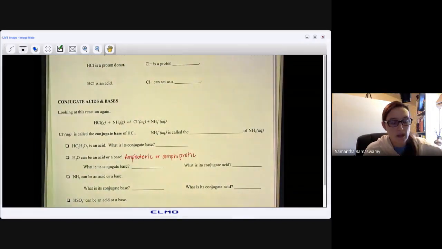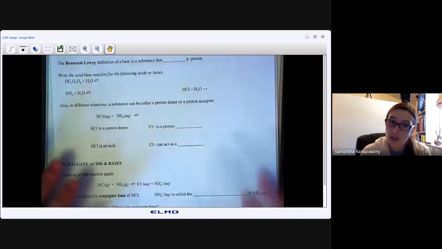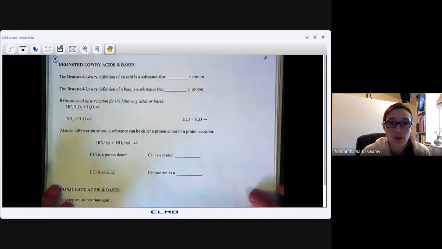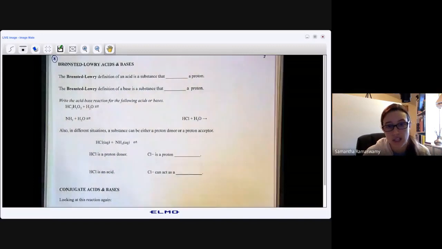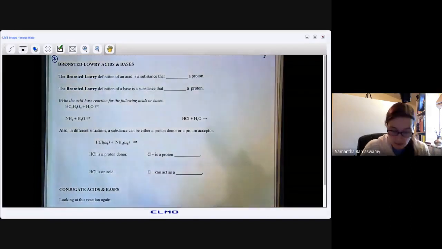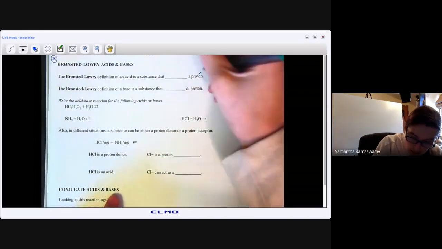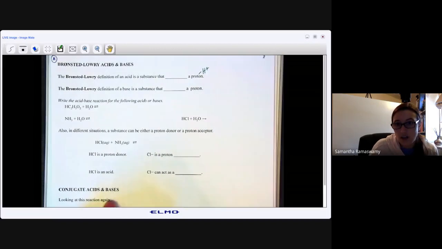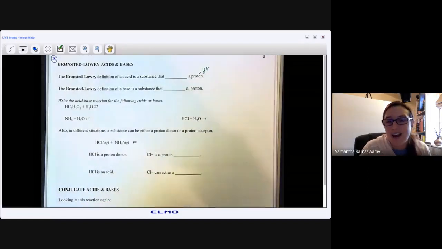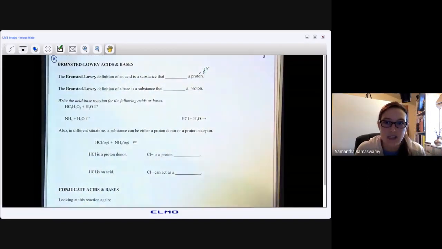What we use, and what College Board typically uses, is the Bronsted-Lowry acid-base definitions. This is where we're looking at protons. Remember, when we talk about protons, we're talking about H+. So from now throughout acids and bases, a proton represents an H+ ion or H3O+ ion.